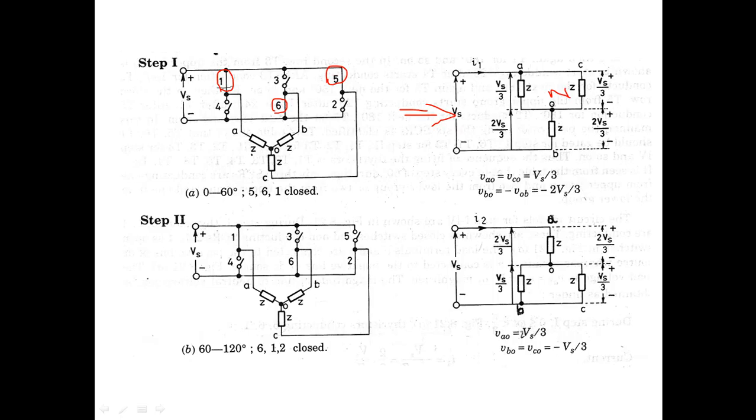Here the total voltage will be Vs, and there are two branches, Z for A phase and another Z for C phase, and one branch, Z for the B phase.